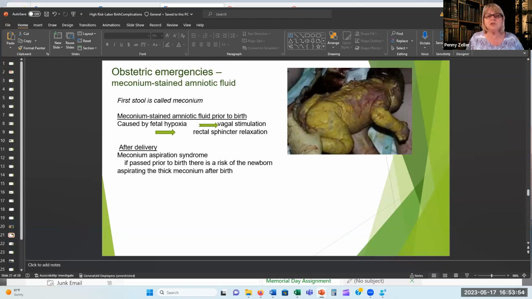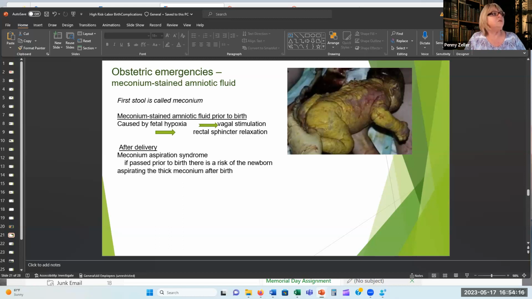So if you can imagine, they're covered in this stuff. And you know that meconium is what they're swallowing in utero. So if they develop hypoxia and they release a stool, all of that is going to easily be aspirated after they're born or just before they're born.